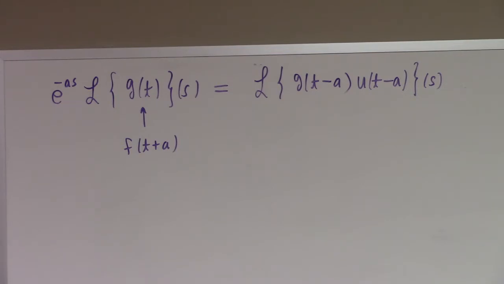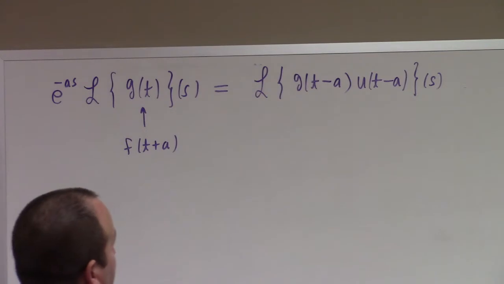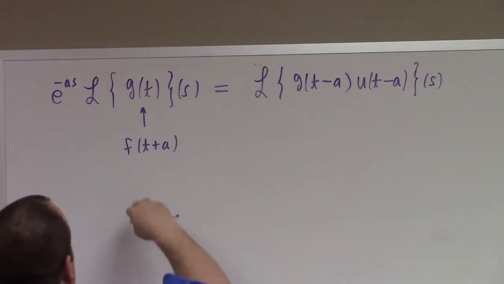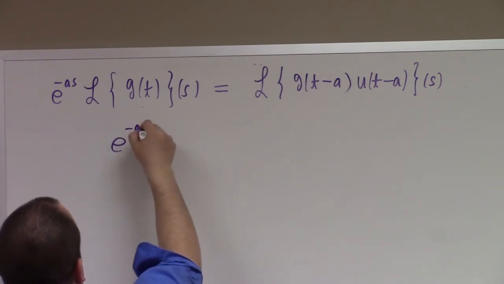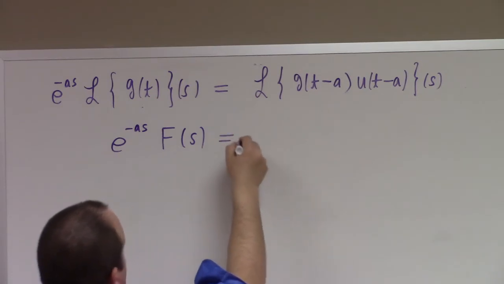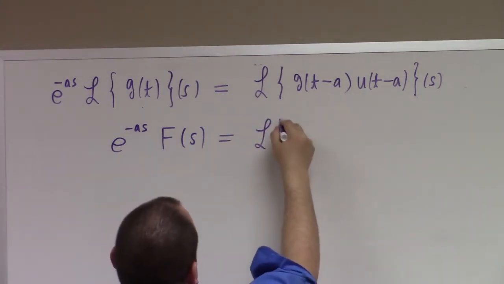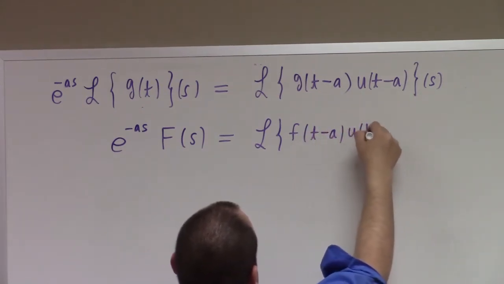Okay, this is a useful result, right? Let me just rewrite it one more time. This is e to the minus as times F of s, is equal to the Laplace transform of f of t minus a times u of t minus a.